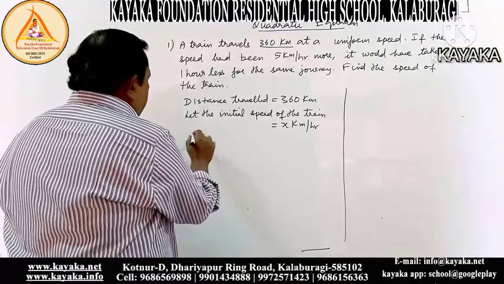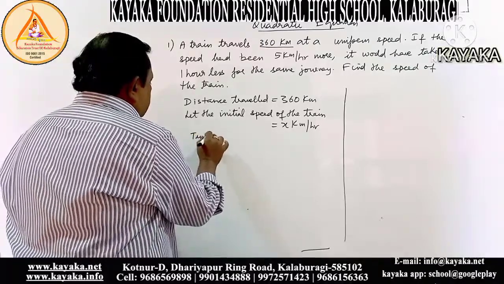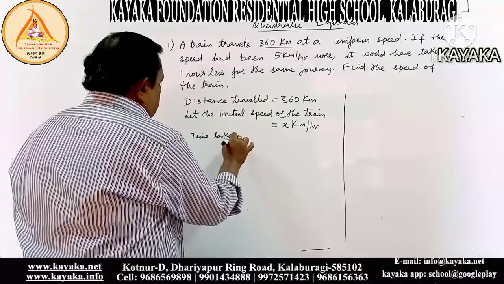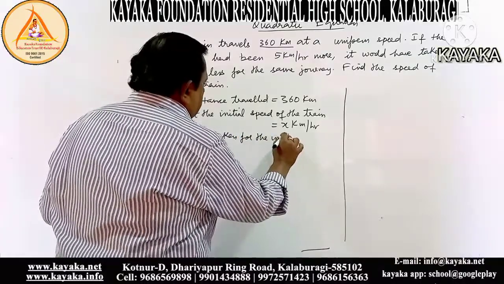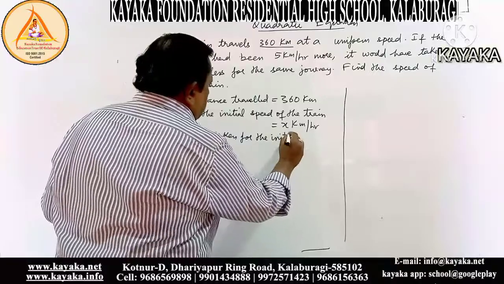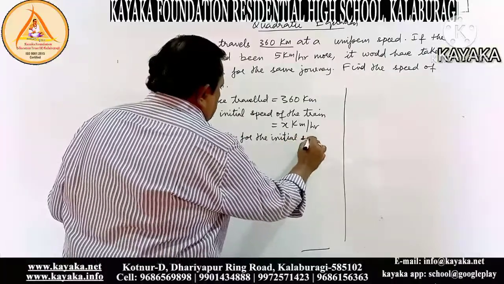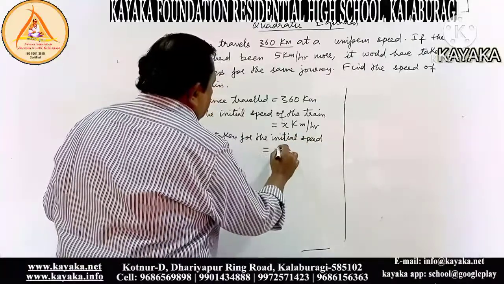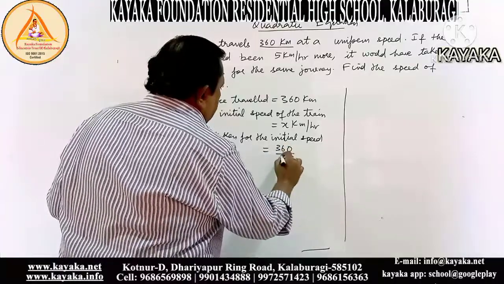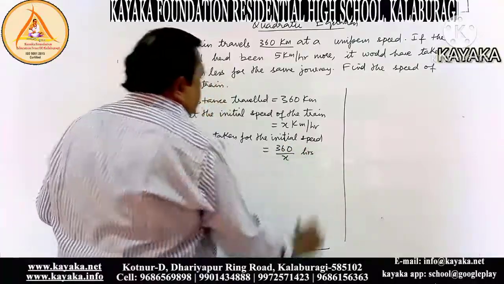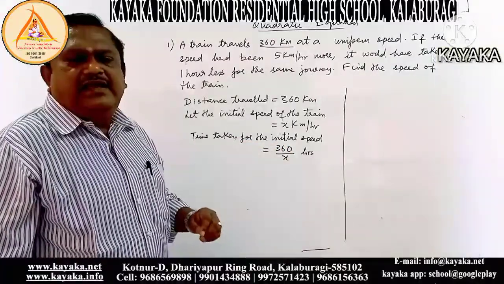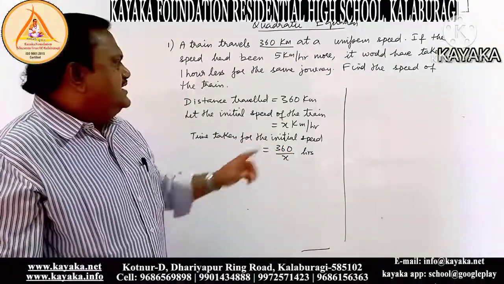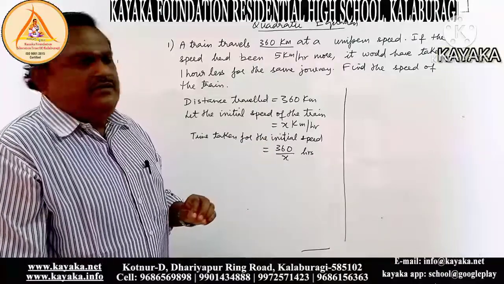Time taken for the initial speed will be equal to 360 divided by x hours. Distance divided by speed.